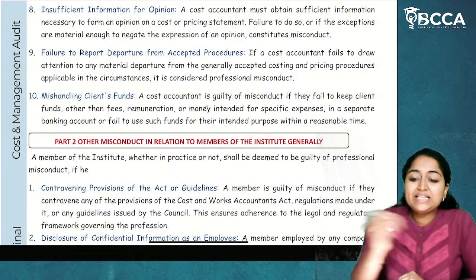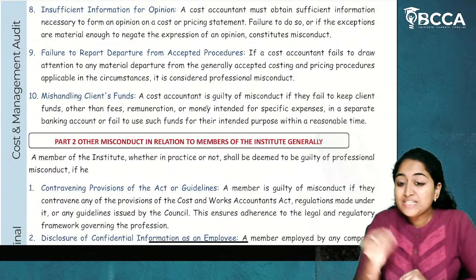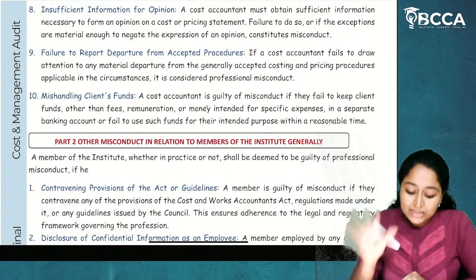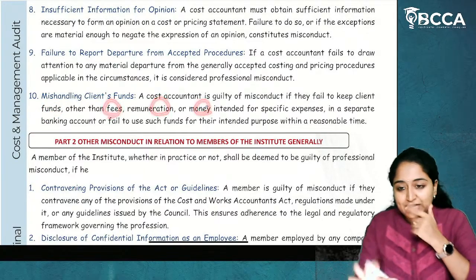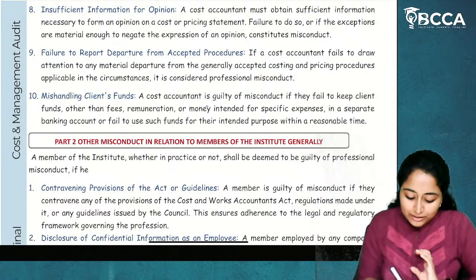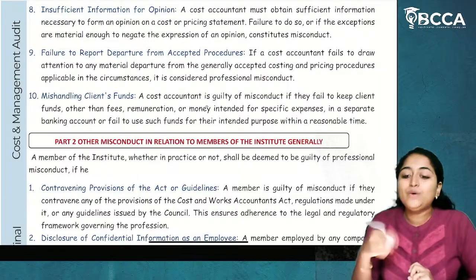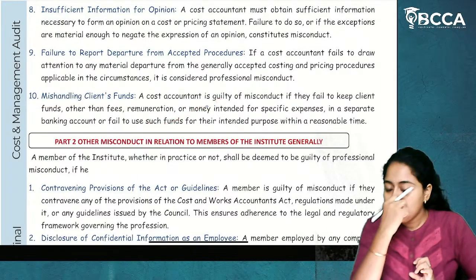If the client hands over any kind of funds for their own purpose, not as a fee for whatever work you have done, but other than that, any fees, remuneration, money he is giving you, then you can use it. Other than that, if he is giving his own funds to be maintained with you and you are mishandling it, you are misusing it, then it is a professional misconduct.